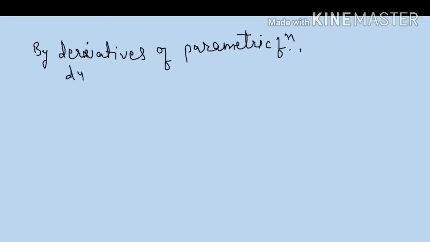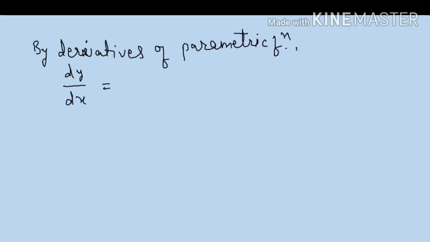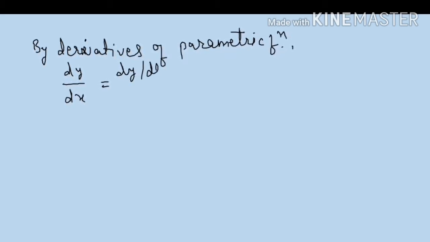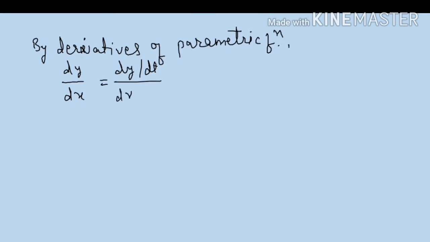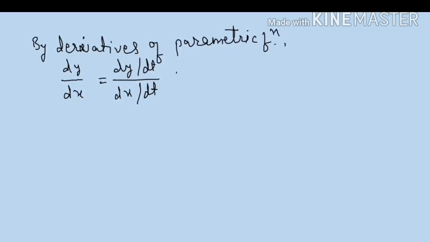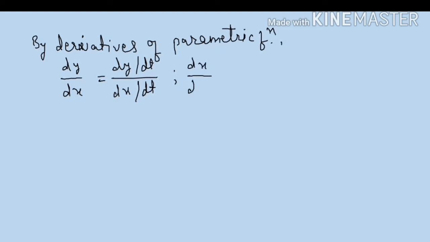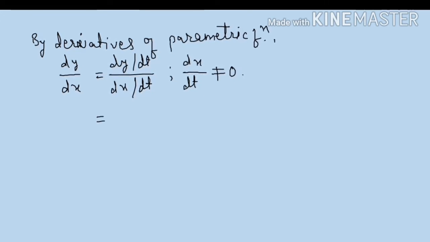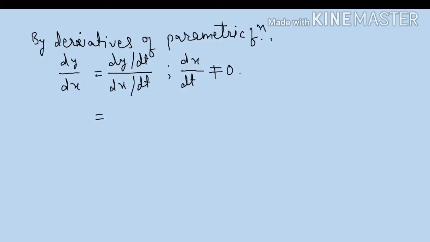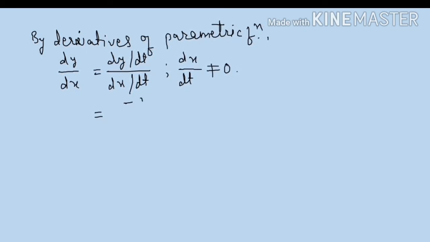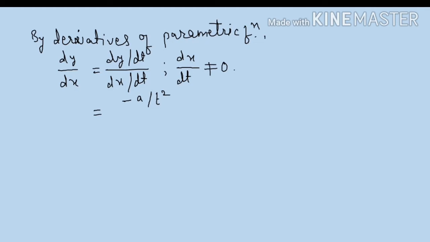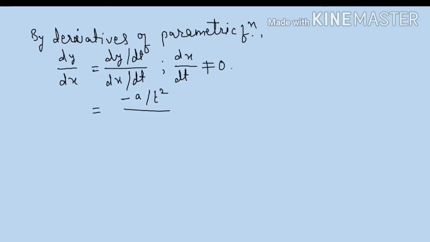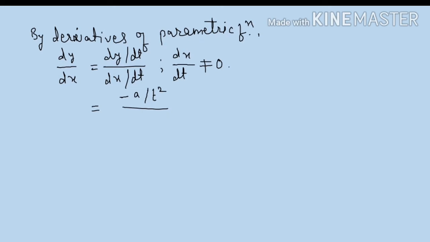So we get by derivative of parametric functions, dy by dx is equal to dy by dt upon dx by dt, where dx by dt is not equal to 0. So now substitute. Dy by dt is minus a upon t square and dx by dt is a upon t square.